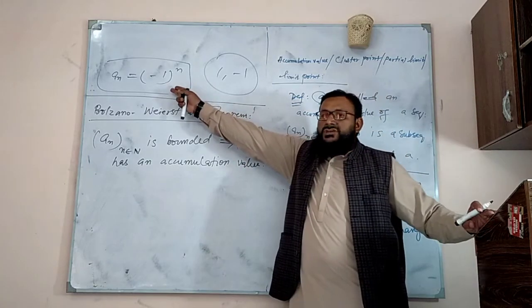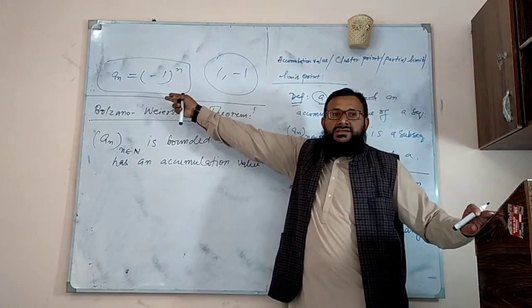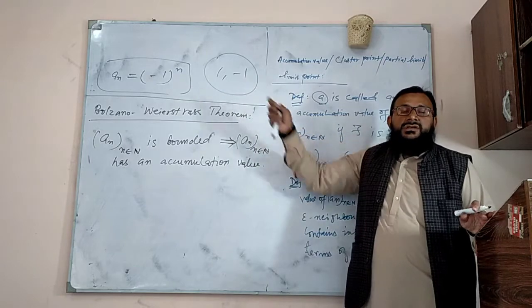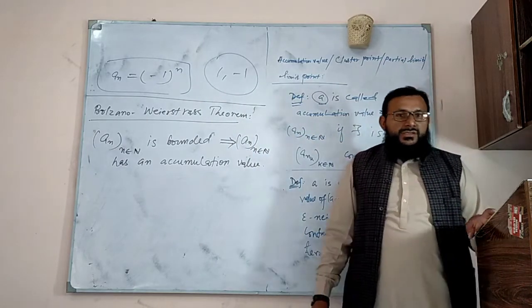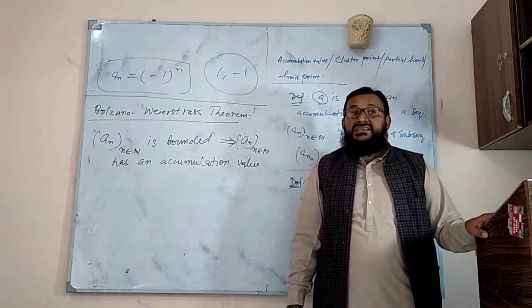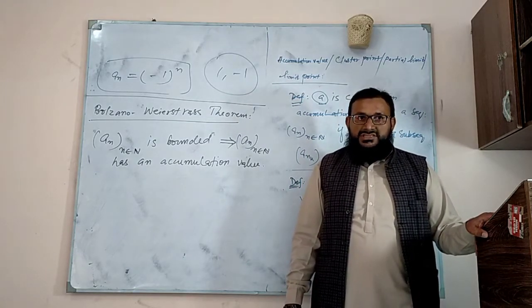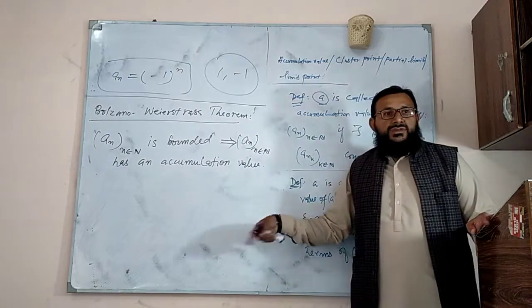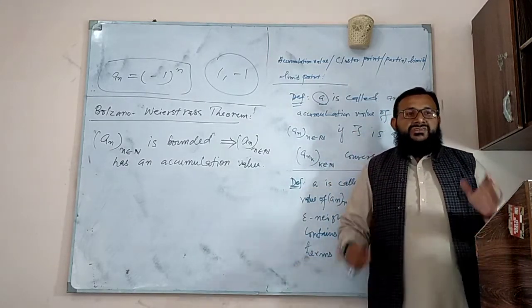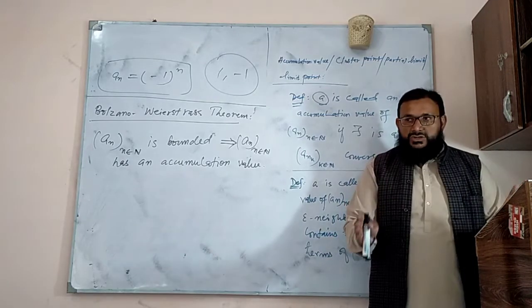The good example is this. The sequence is bounded, so it always has an accumulation value. A sequence might have one accumulation value, might have two, might have none. A sequence might have one accumulation value like we wrote here. The accumulation value was 0. And if it has one accumulation value, it is called convergent.